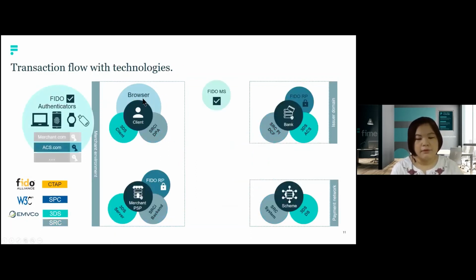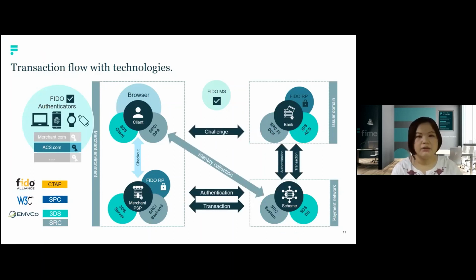So after looking at the SRC and 3DS flow and all the standards, we can see there are many things happening behind the scenes, which may create additional friction for consumers. Let's take one example. FIDO authentication can be used at several stages: when the client logs into the merchant website, before collecting the card information, and also in the challenge flow.